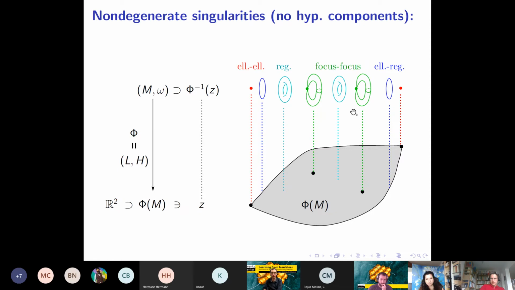Usually here in the middle, you have tori as before, but you can have a finite number of isolated singular points, which are the so-called focus points here. And the fiber then is very often drawn as some kind of pinched torus. So technically, this means that when you have nearby an honest torus, you just take one of these loops, and you pull them close.